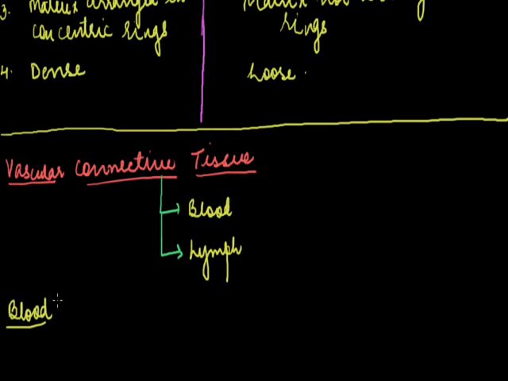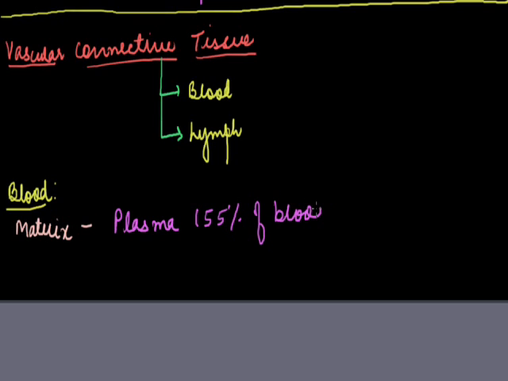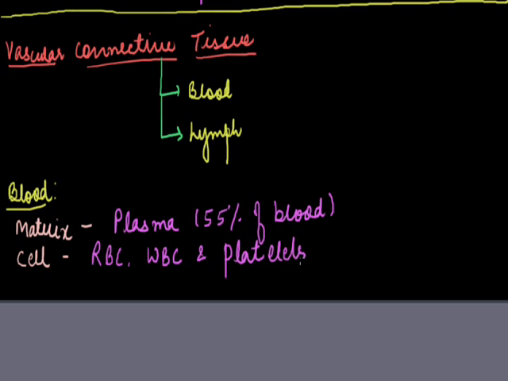Coming on to blood, the matrix of the blood is made up of plasma, which comprises about 55% of total blood. It is present in liquid form. Whereas coming on to the cells, the three types of cells present in blood are RBCs, WBCs and platelets.